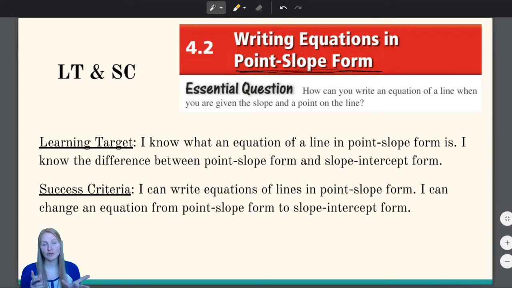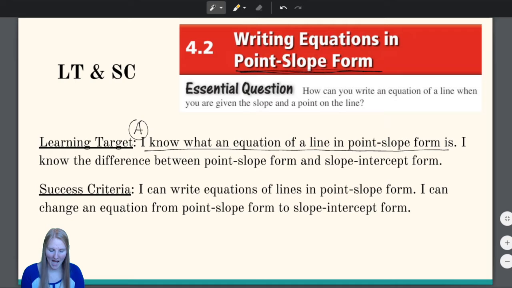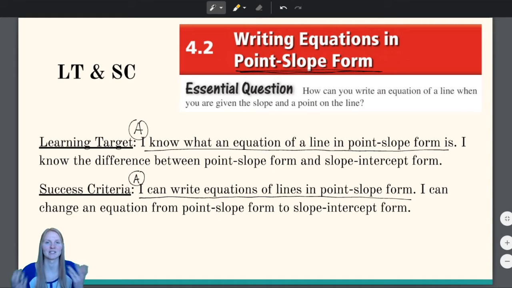So our learning target and our success criteria comes in 2 parts. The first part, part A, is I know what an equation of a line in point slope form is. So what is point slope form? And part A of our success criteria is I can write equations of lines in point slope form.